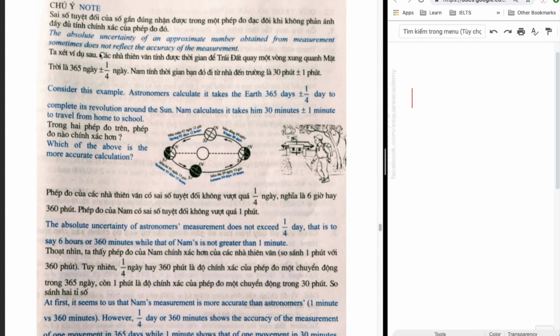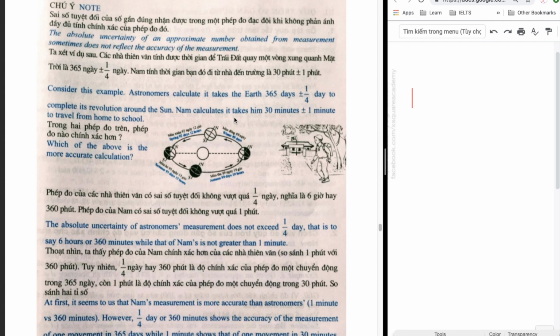Note: the absolute uncertainty of an approximate number obtained from measurement sometimes does not reflect the accuracy of the measurement. Consider this example. Astronomers calculate it takes the Earth 365 days plus minus a quarter day to complete its revolution around the Sun.